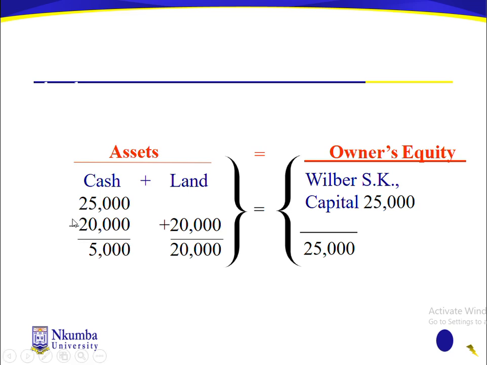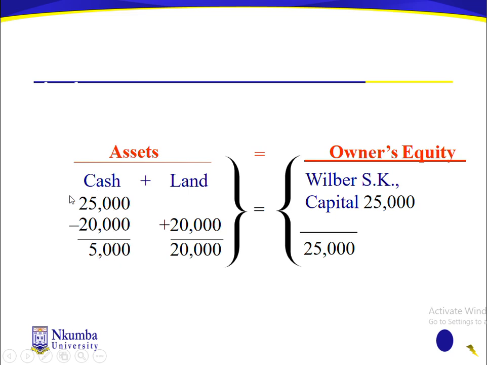So we credit cash by $20,000 and debit land by the very amount, the $20,000. If we were to capture dates, the credit and the debit would occur on the same date.